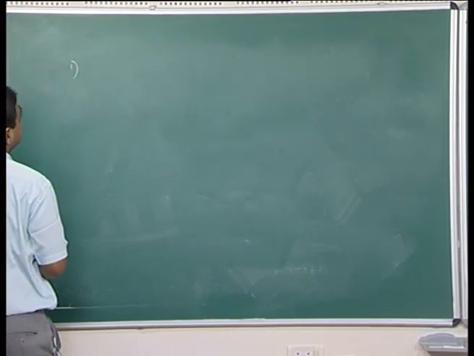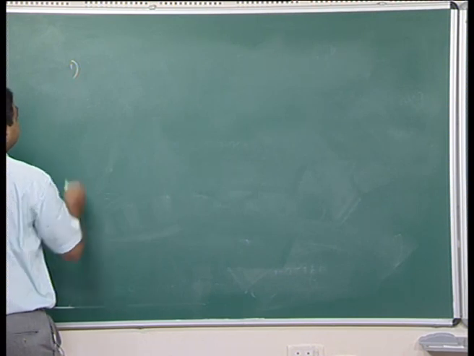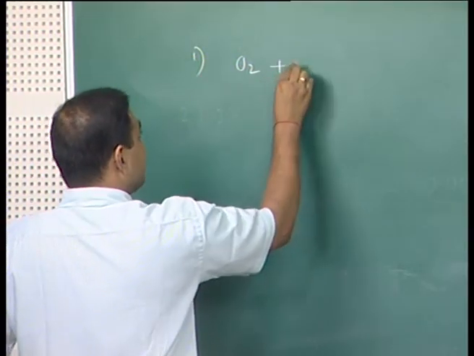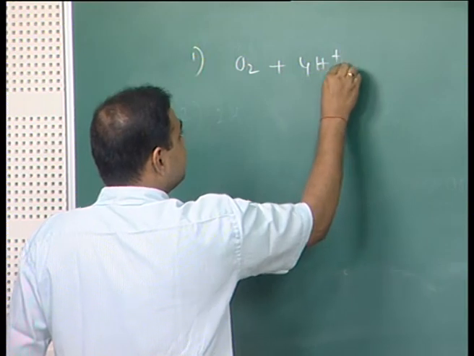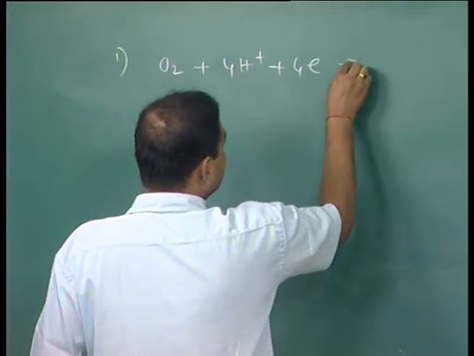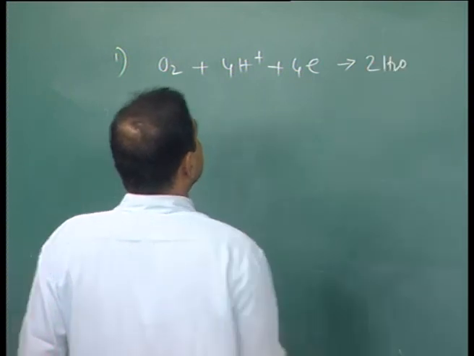So, one is the same way, one would be happening in acidic media, because the reaction would be O2, which is dissolved oxygen, plus 4H plus 4e. This is also a reduction process going to 2H2O.